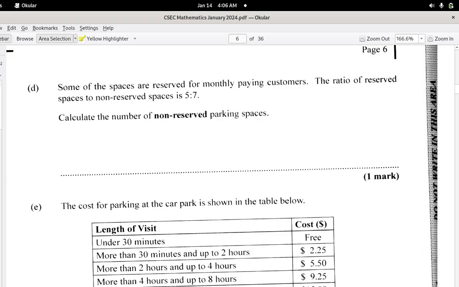Alright? So you have 5 reserved to 7 non-reserved. That's what happened.